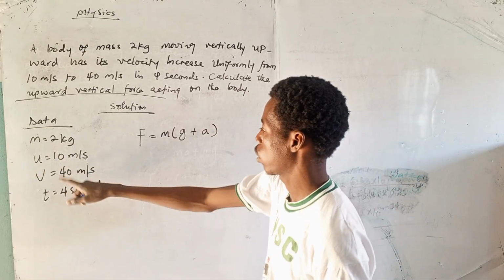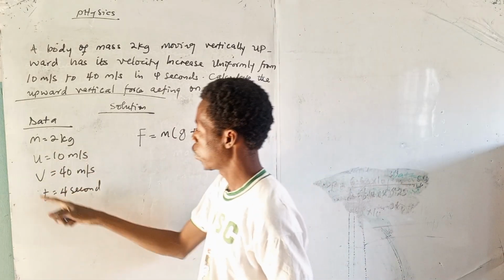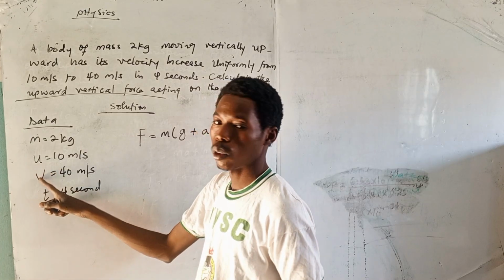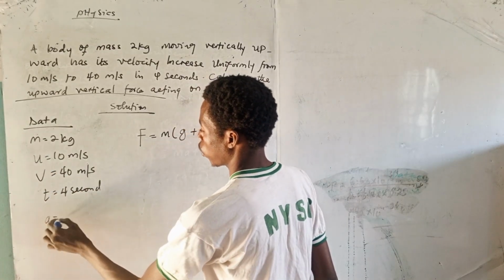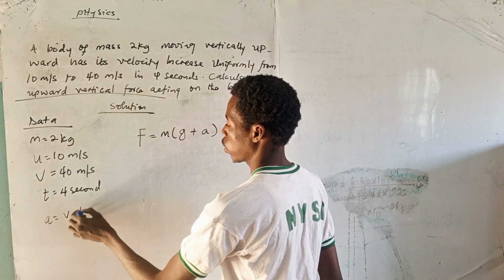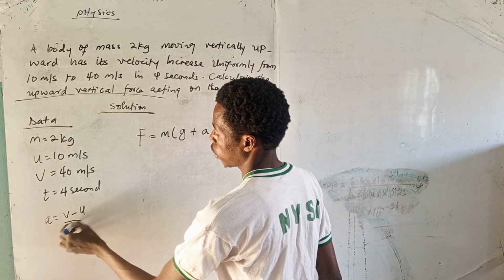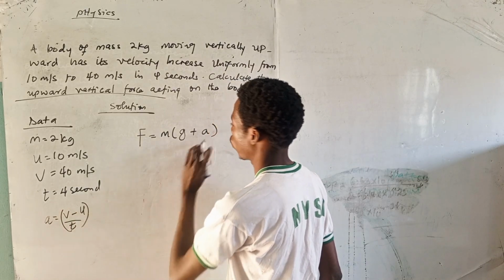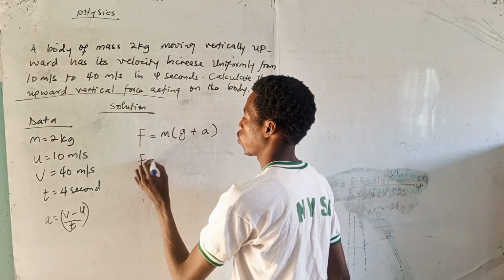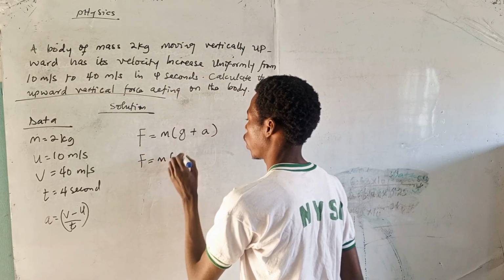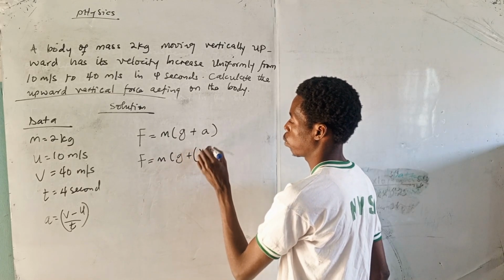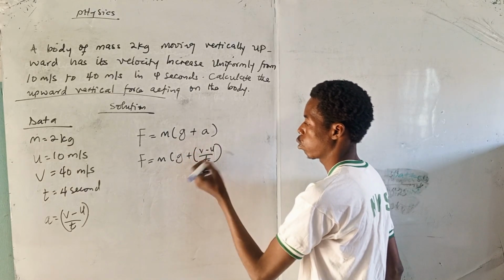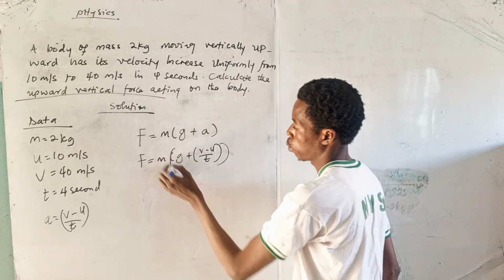But we don't have acceleration here. We only have initial velocity, final velocity, and time. But recall, acceleration equals final velocity minus initial velocity divided by time. So we can substitute for A. So now F equals M open bracket G plus open bracket V minus U divided by T close bracket, then close the main bracket.